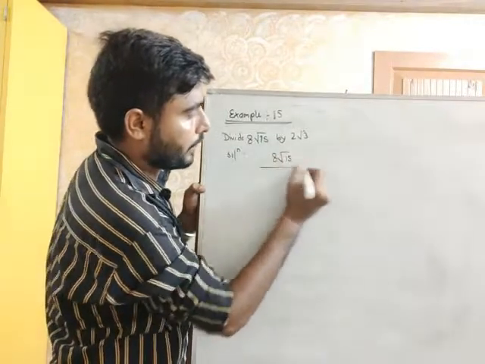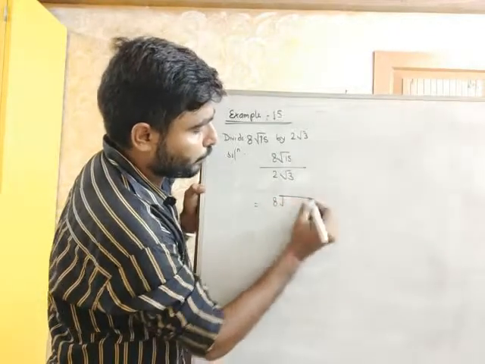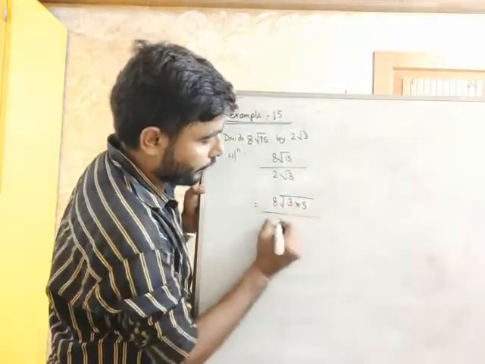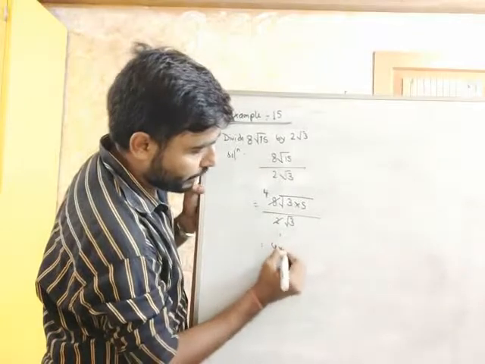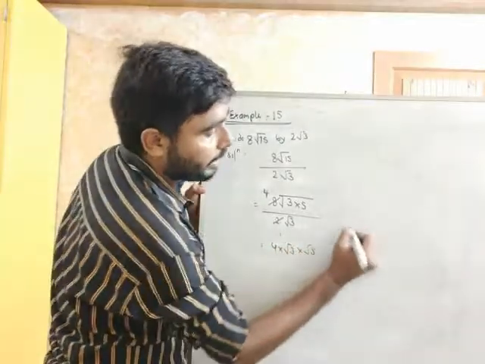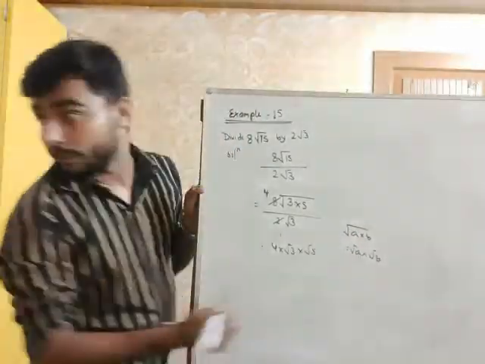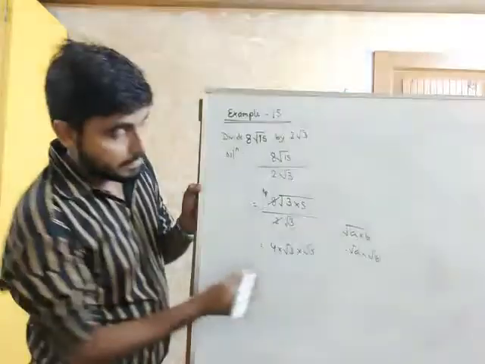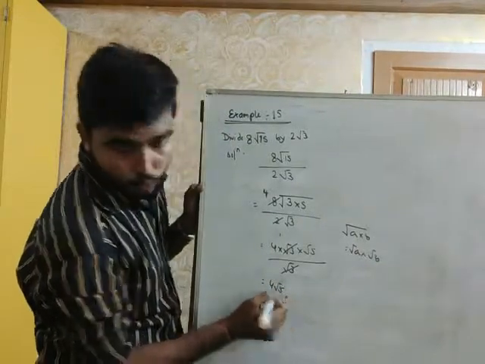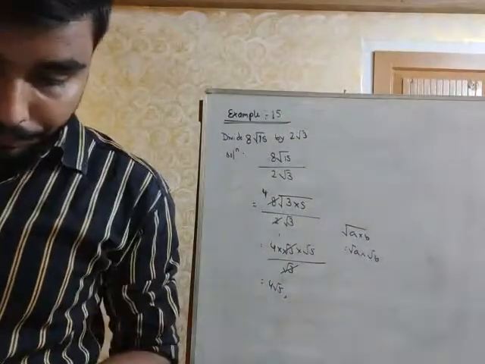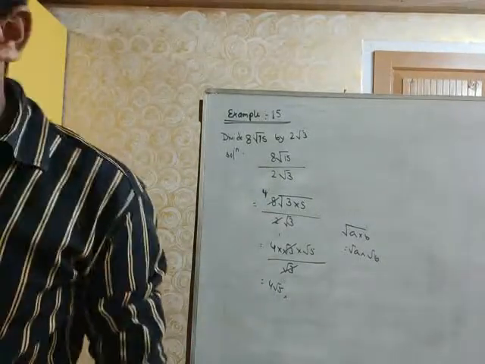So 8 root 15 divided by 2 root 3. So root 15 can be written as root 3 into root 5. 8 divided by 2 is 4. Now 4 into root 3 into root 5 by root 3. It is why? Because root over a into b is equal to root a into root b. So root 3 got cancelled, and 4 root 5. This is your answer. Clear, everyone? Any doubt till here?